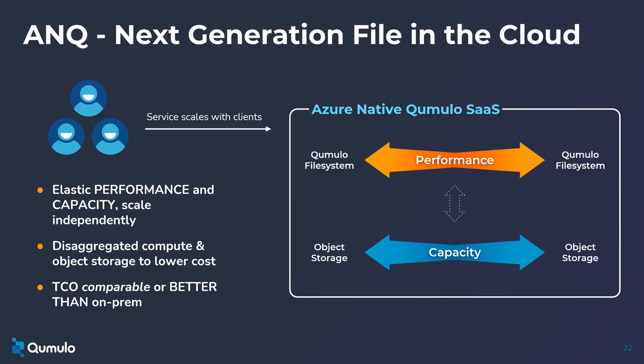We've moved to using object store or blob on the back end, so we can get the cost effectiveness of using object, but have full file system access with NFS and SMB. This slide shows that we can scale performance independent of capacity, up and down elastically as your performance needs increase or decrease.